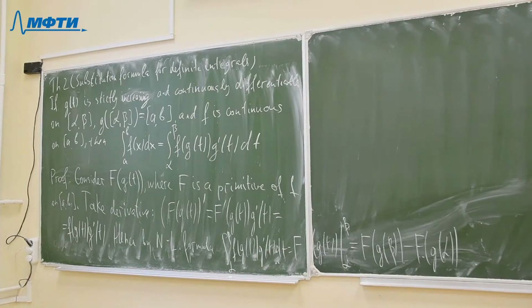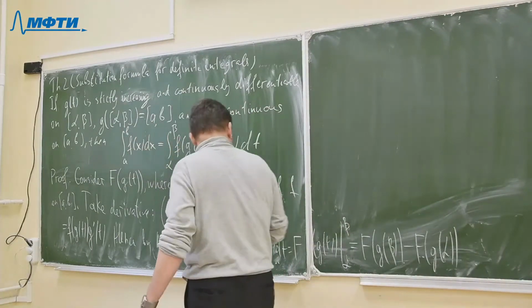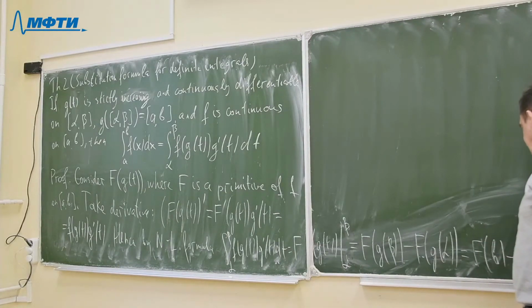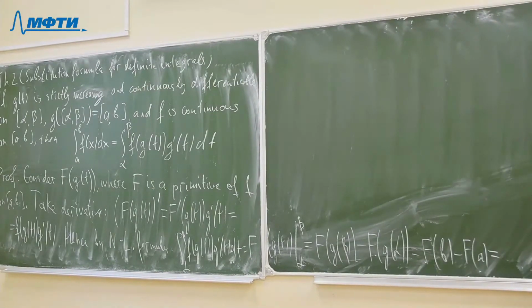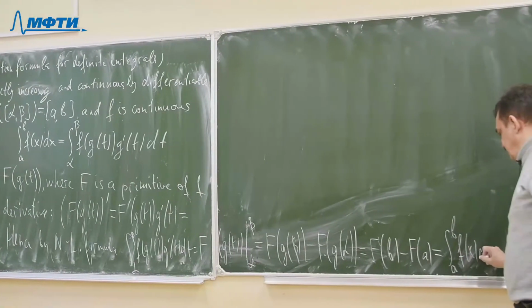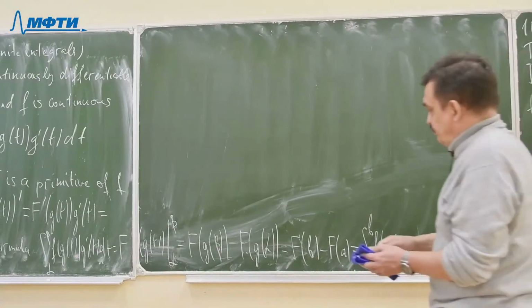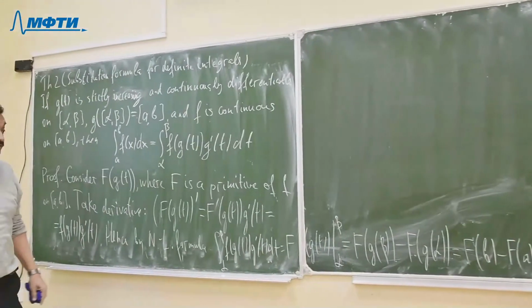So, then look, for a strictly increasing function, g of alpha by our supposition is precisely a. So we have F of b minus F of a. And again, by the Newton-Leibniz formula, that is precisely the integral from a to b of little f of x dx. That's it. So the proof is completed.